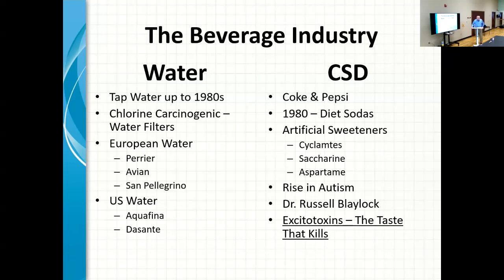I got to introduce you to Russell Blaylock. This is one of the favorite books that I have in my library. And I bought this long before I got involved with alcohol education. Russell Blaylock wrote a book called Excitotoxins: The Taste That Kills, where he claimed that the excitotoxins cause degenerative diseases like dementia, Alzheimer's, and Parkinson's disease.